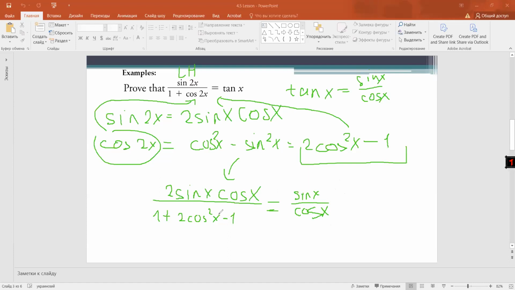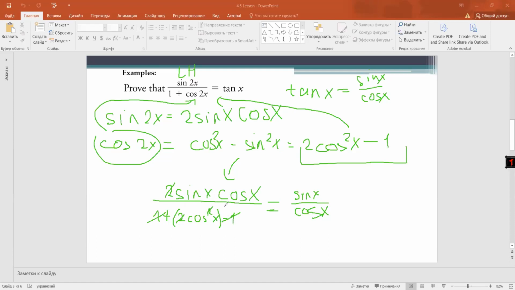So on the left hand side, what can we simplify? First of all, let's subtract 1 minus 1. Now we have only 2 cosine squared x left. What can we factor out now? 2, obviously, another common multiple in both numerator and denominator. And finally, cosine squared x, and here we have cosine x.